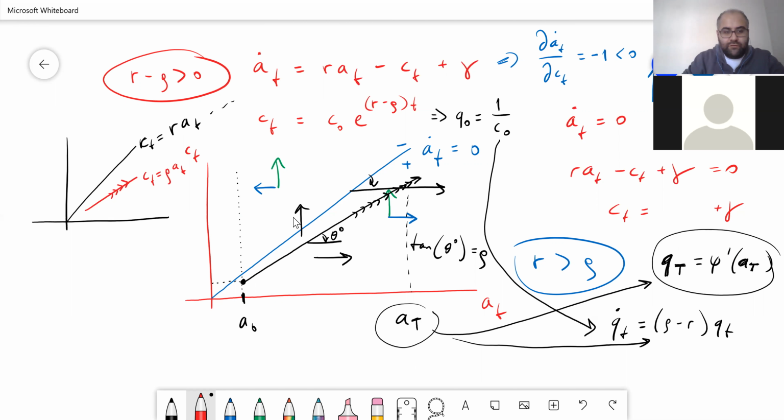So if the growth rates are equal, in the case of gamma equal 0, for instance, and that growth rate is equal to r minus rho, this is the growth rate.